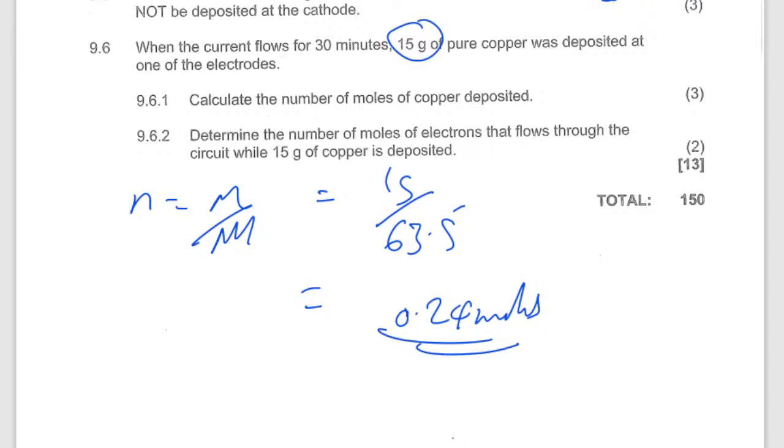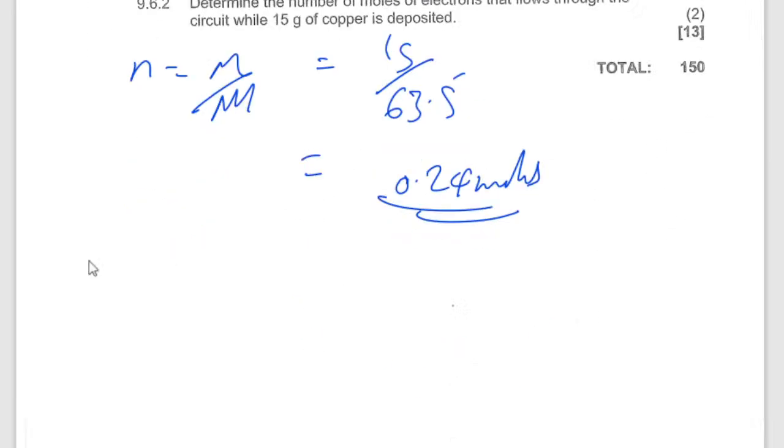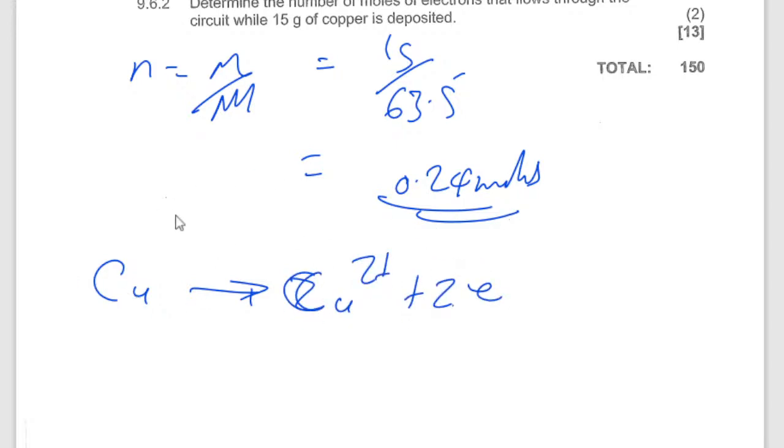But don't forget that when copper is oxidized, it gives copper ions plus 2 electrons. If you look at it, it's 1 mole, and here is 2 moles. Meaning that 1 mole of copper is going to give me 2 moles of electrons.